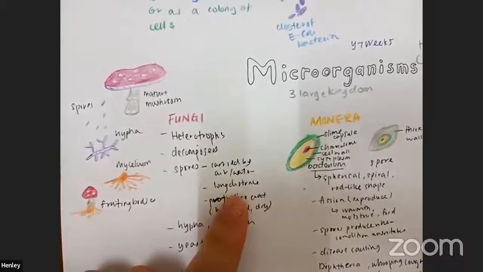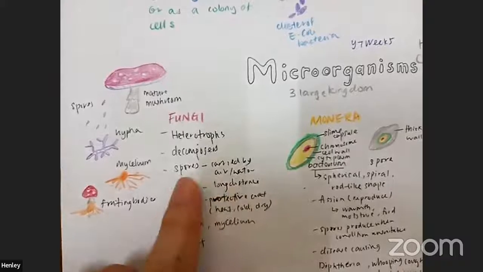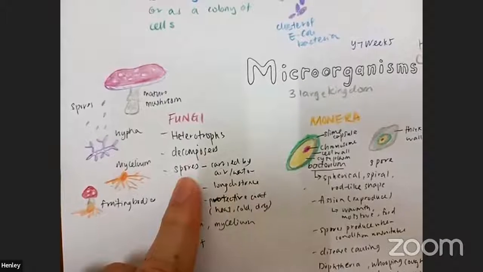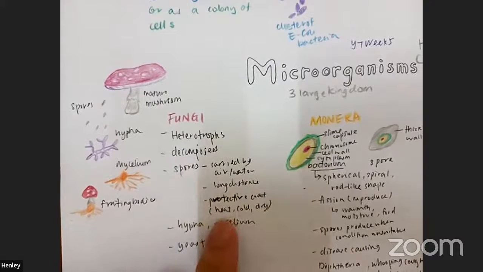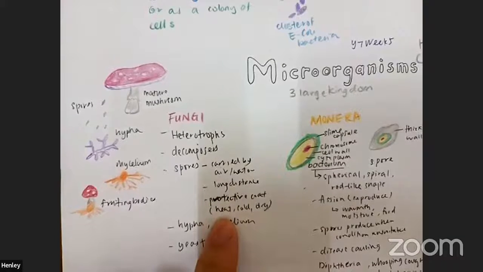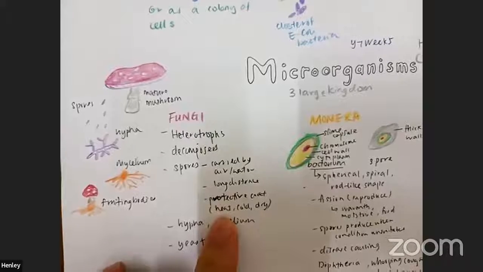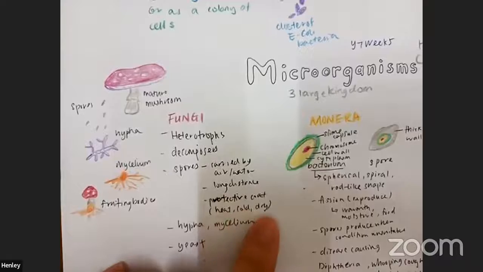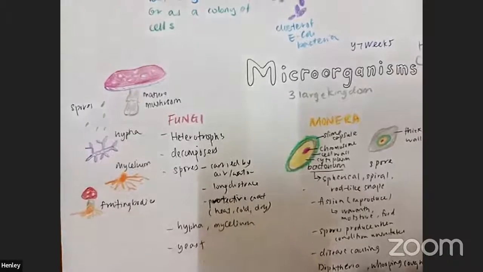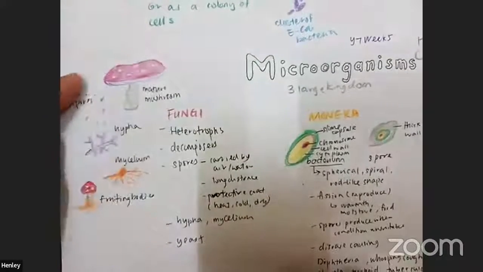If the spore can travel, it should have a protecting coat. The protecting coat is to prevent the spore from dying out or being destroyed by heat, cold, or dry conditions. So this is the mushroom.